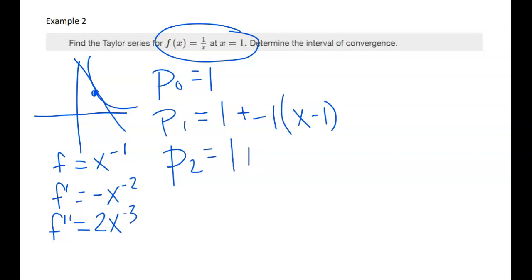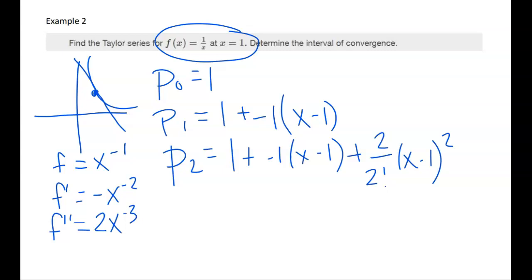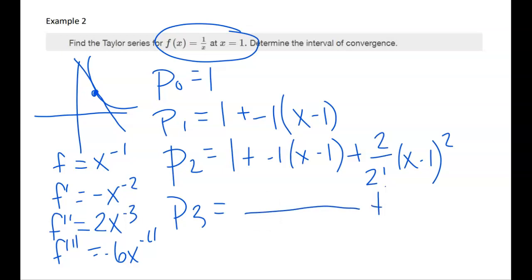P2 is 1 plus negative 1 times (x minus 1) to the 1 plus 2 over 2 factorial times (x minus 1) squared. The third derivative is negative 6x to the negative 4. So it's all of that plus negative 6 over 3 factorial times (x minus 1) cubed.